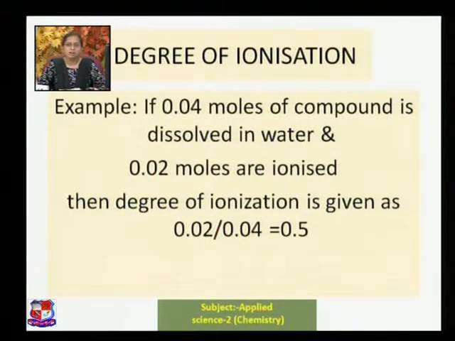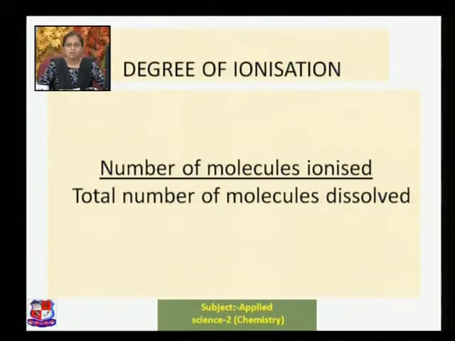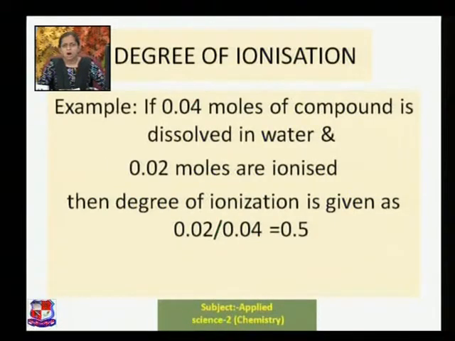To find the degree of ionization, just refer to the formula: number of molecules ionized divided by total number of molecules dissolved. That is 0.02 divided by 0.04, so the degree of ionization is 0.5.